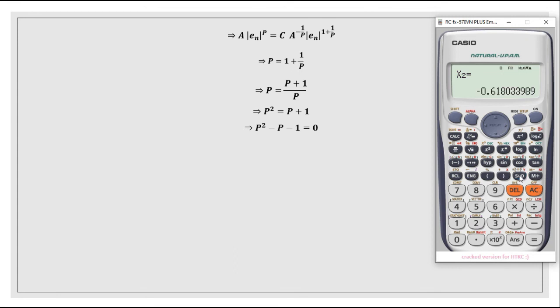Now the order of convergence cannot be negative, so that's why we are ignoring the second solution, and we are considering the first solution.